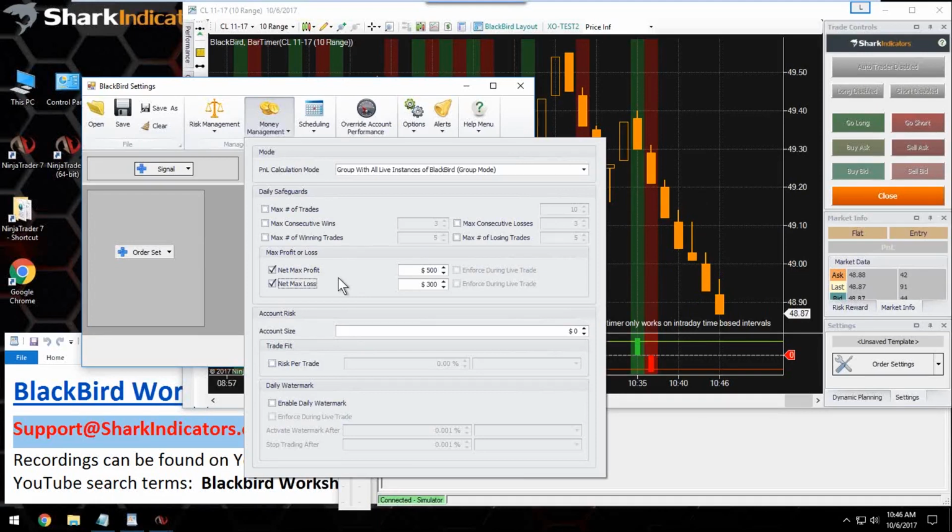I would say that's probably not a typical way someone would want to set their money management rules up. I would say it makes more sense that all your BlackBirds running in group mode have the exact same money management rules, right? I think that's going to be the typical way most people are going to use the money management in group mode.